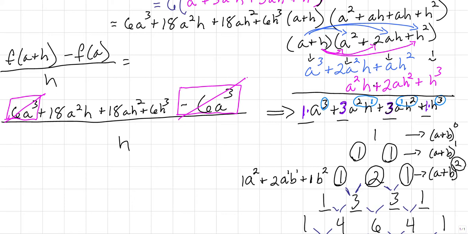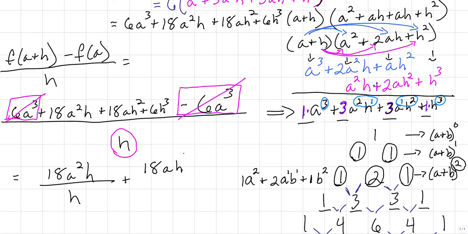And you'll notice that I'm left with 3 terms in the numerator. All 3 of them have an h in them, which means that I can divide this h out. And so what I'll do is go ahead and write it into 3 individual fractions, just so that you can see the process of dividing the h's out.